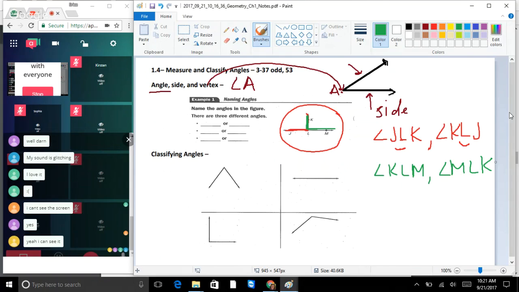Then there is actually one more angle in here, which we don't usually think of as an angle, but the angle of the straight line here. That's 180 degrees. So we could call that angle JLM or angle MLJ.